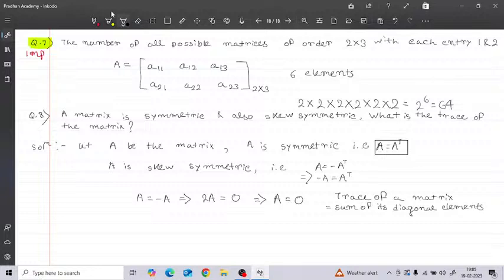As it is a null matrix, what will be the trace of this matrix? That is 0. Because all elements are 0, hence the diagonal elements are also 0. So the trace is also 0.